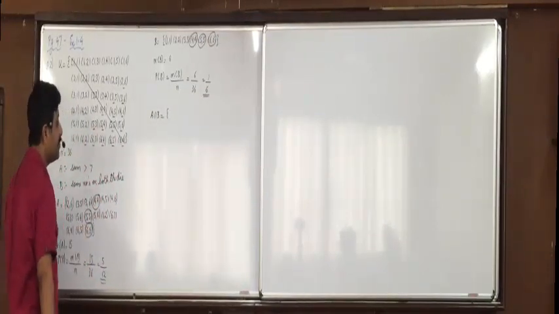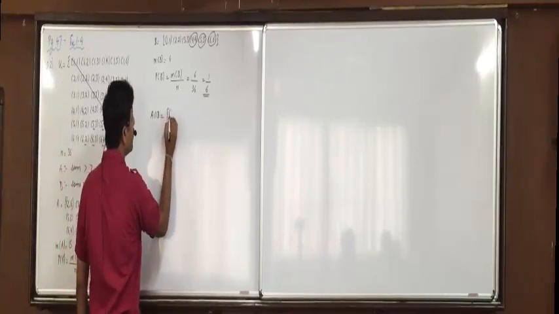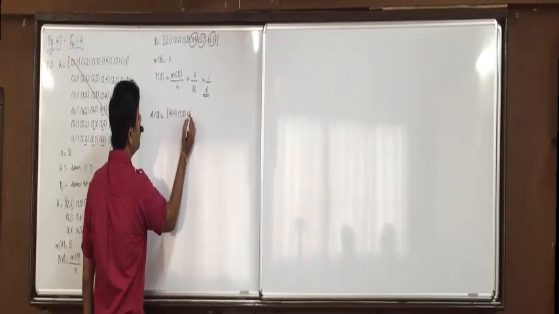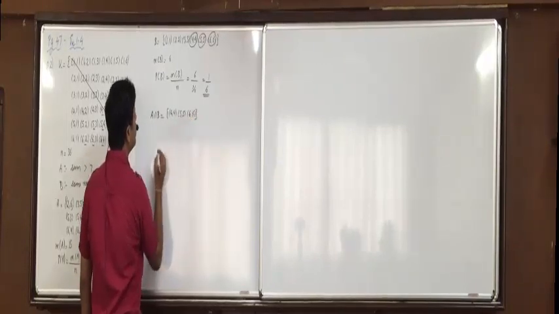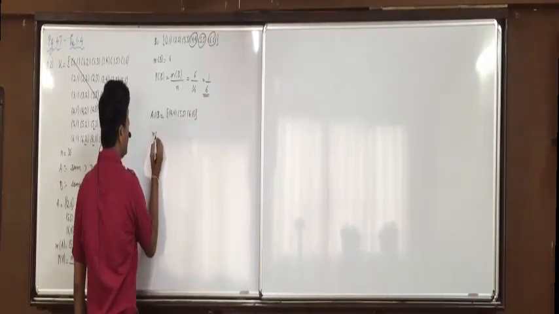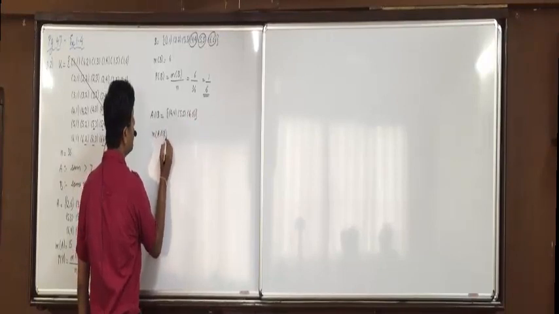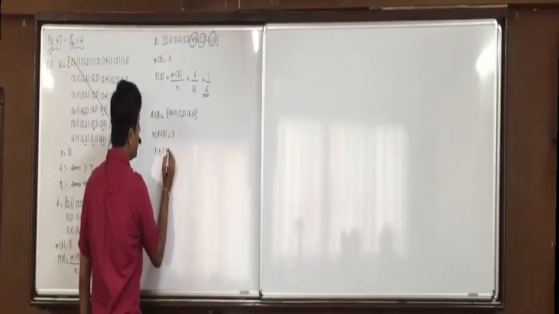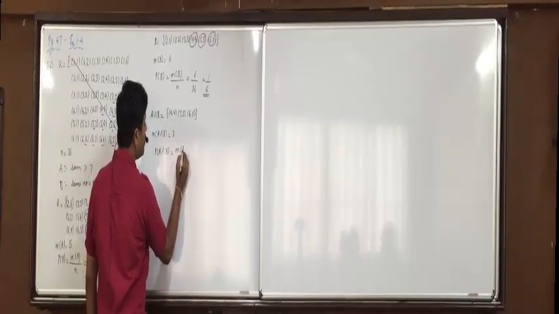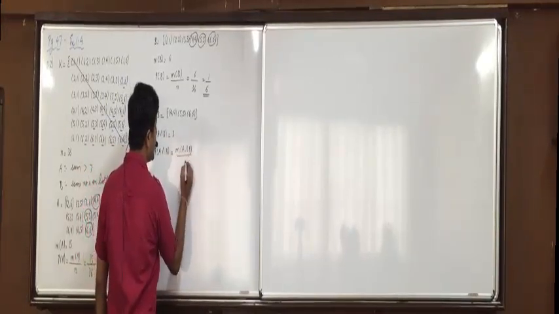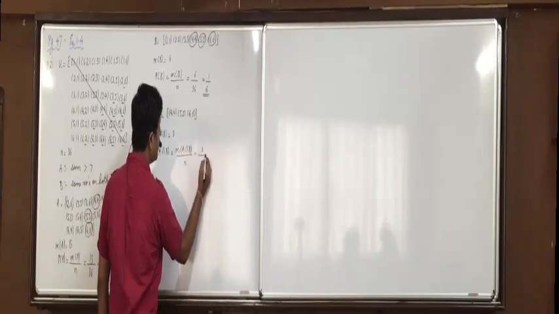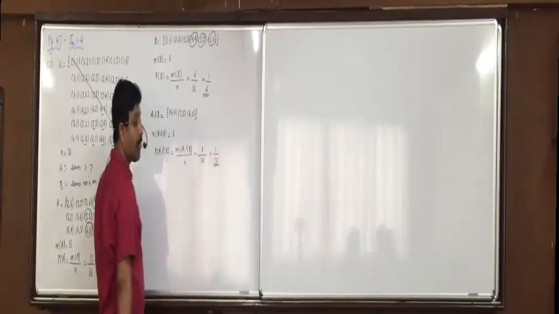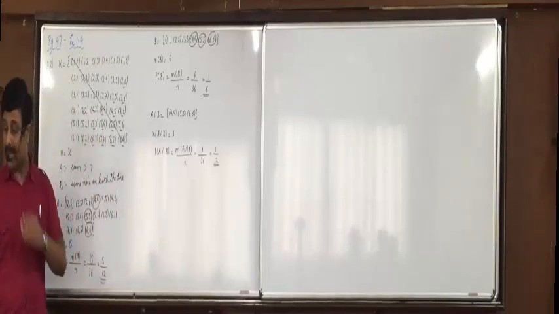These three are common. So n(A intersection B) will be 3. P(A intersection B) is n(A intersection B) upon N, 3 upon 36, 1 by 12. Understood, everyone?